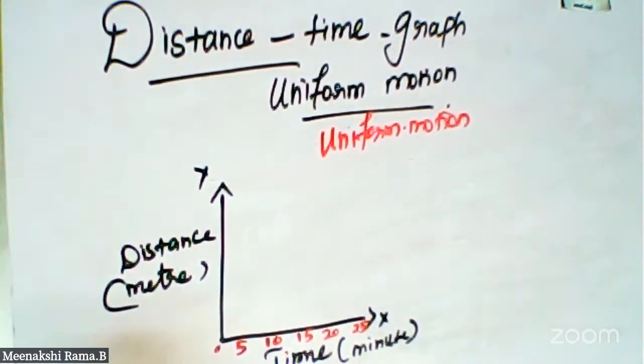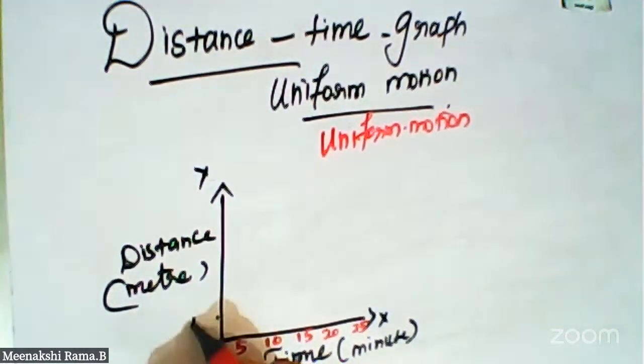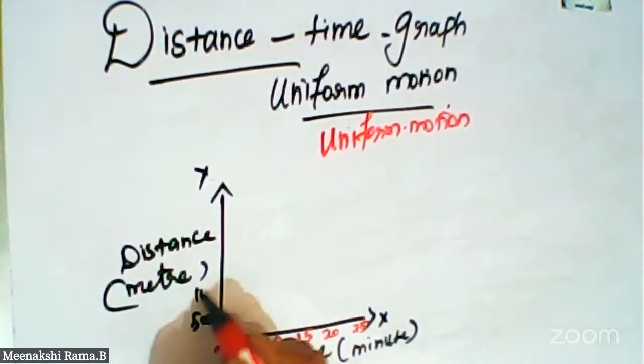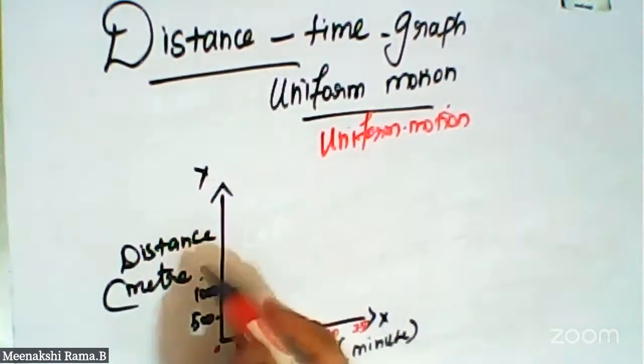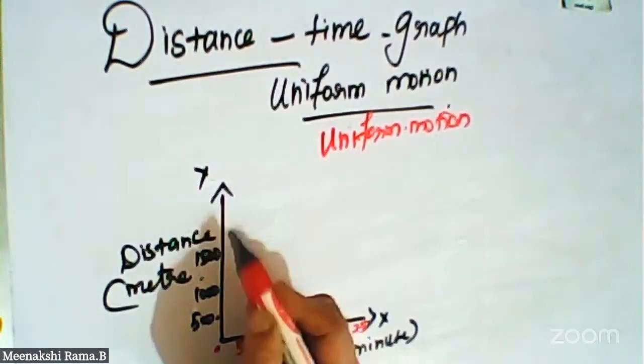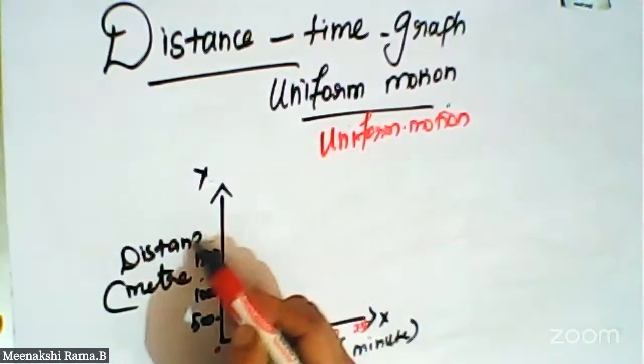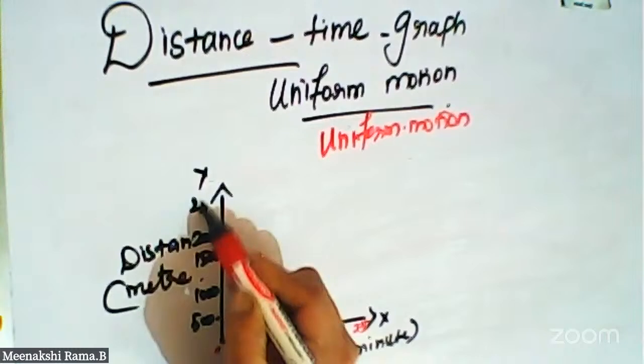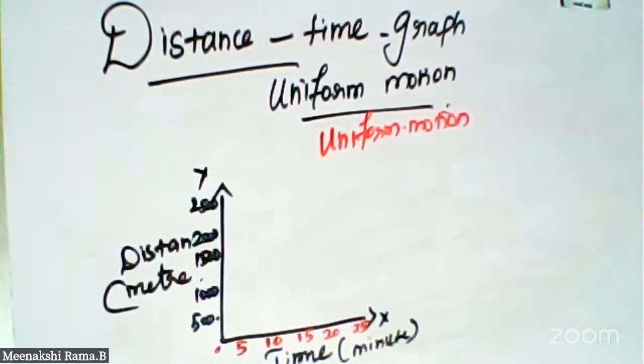In the same manner, 500, 1000, 1500, 2000, 2500. So this is the distance data. Yes, at 0.